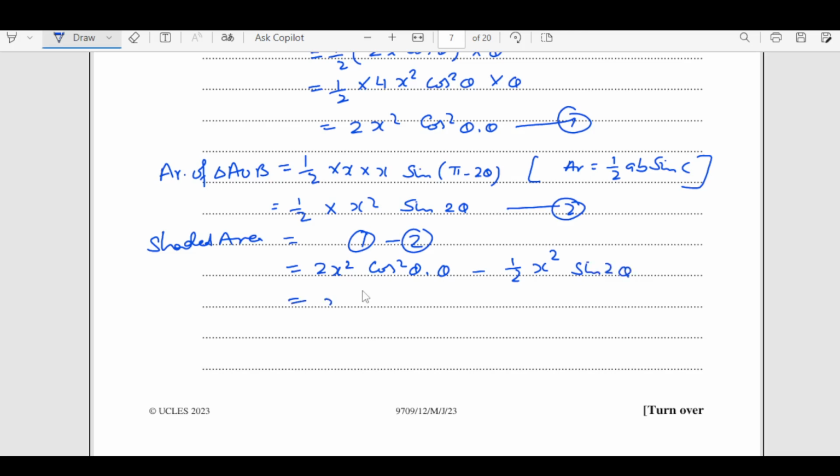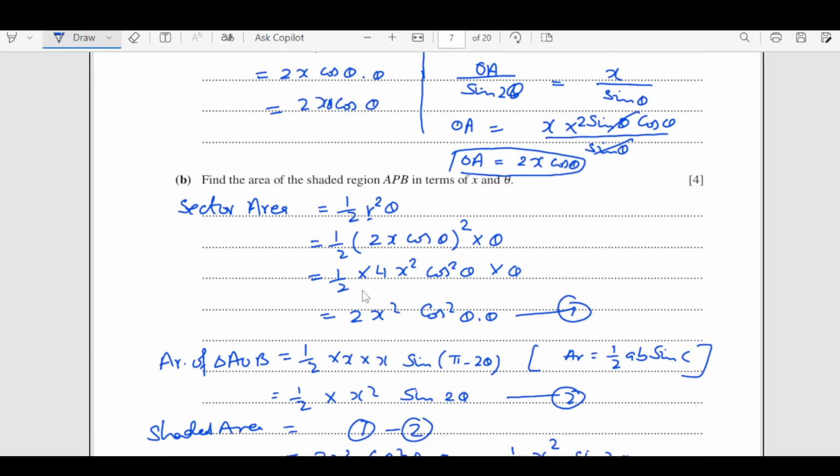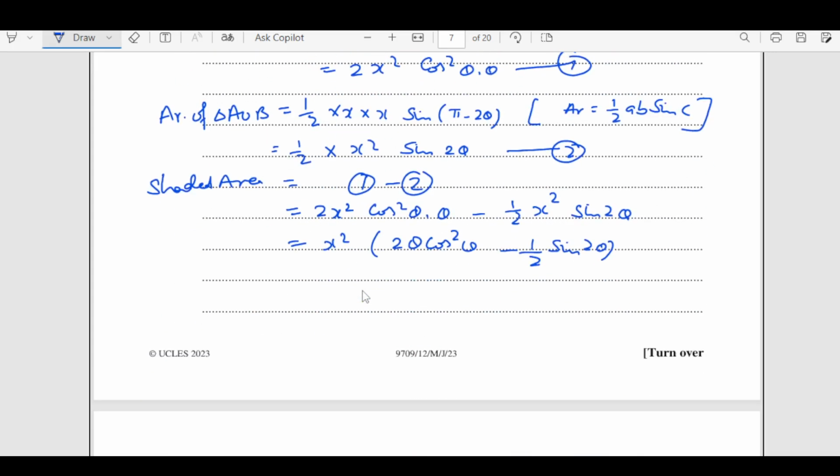From here, if you see, x squared is common. So, we will have x squared times 2 theta cos squared theta minus half sine 2 theta, right. So, that is the answer. This is our answer to this question.